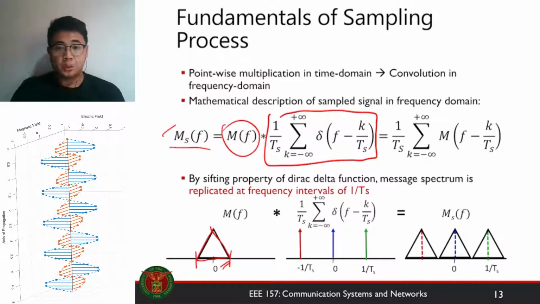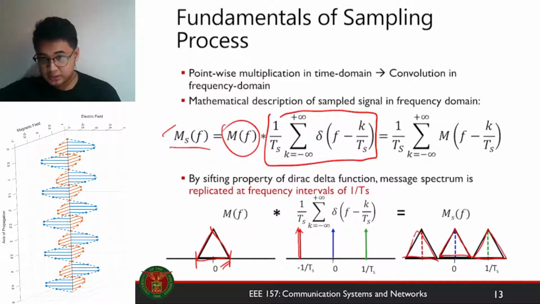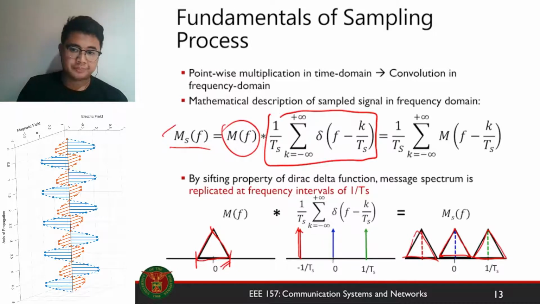When we convolve that with a series of impulse functions, by the shifting property of your impulse function, you will get a train of m of f's in the frequency domain.